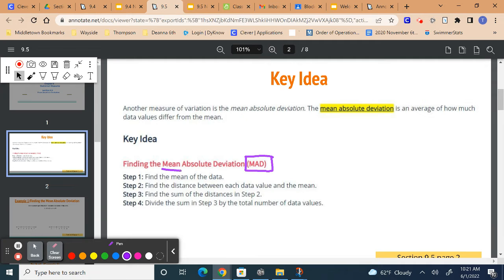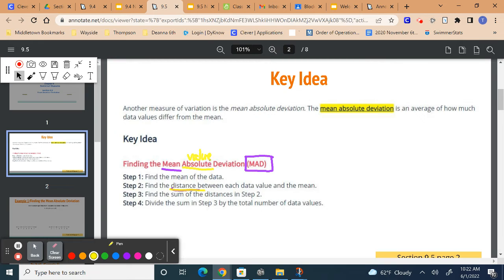Next, we're going to find the distance between each data value and the mean. When they say distance, they're talking about absolute value. Then when they say find the sum of the distances in step 2, we're going to go over that.